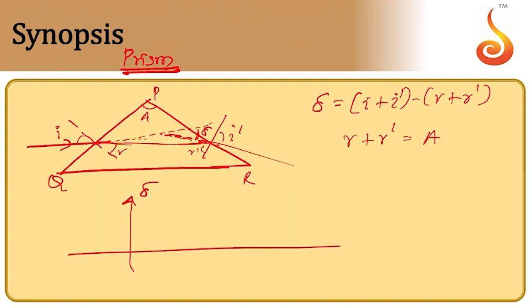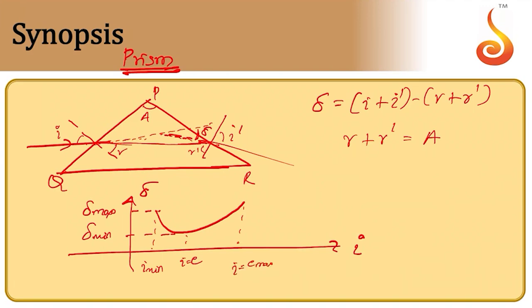And if you plot the variation of deviation versus the angle of incidence I, then the graph is something like this. This corresponds to delta max, this corresponds to delta minimum, and this corresponds to I minimum, this corresponds to I is equal to E, and this corresponds to I is equal to E max, and this is E is equal to 90.